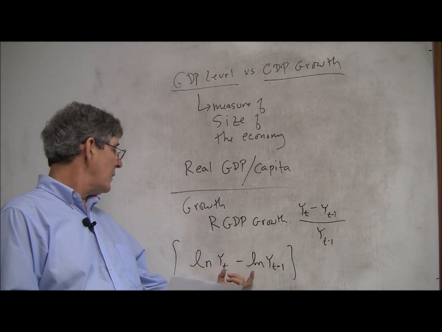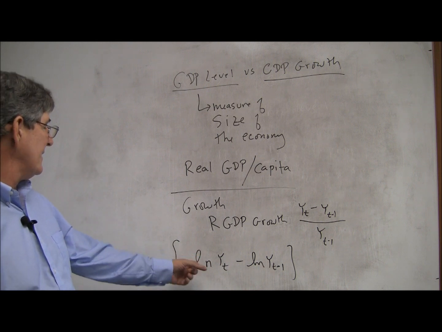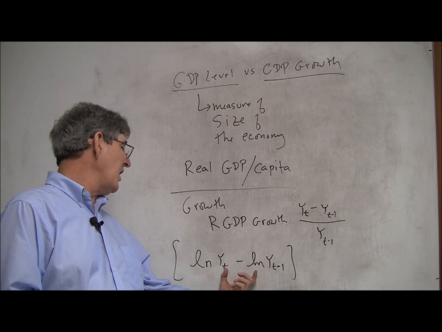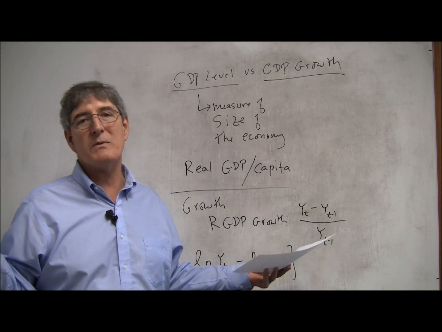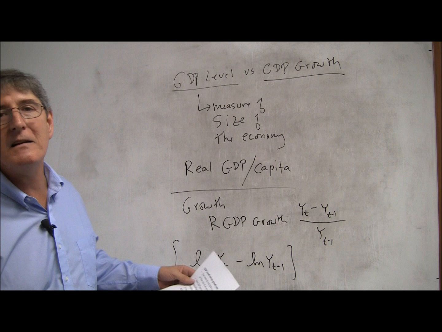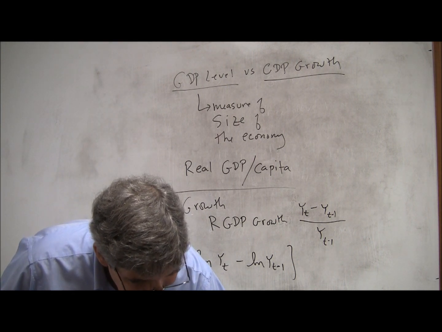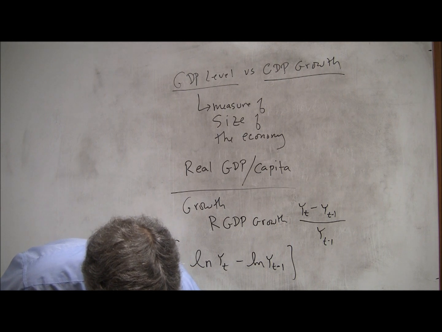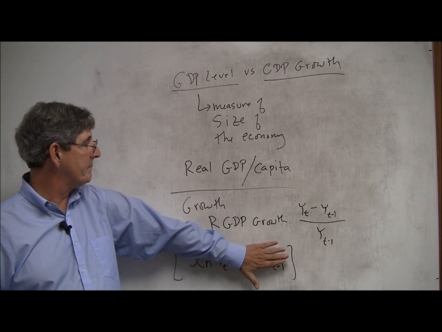This is a way that you can quickly get the growth rates. It works because d log y, this is an approximation of d log y, and d log y is the change in y over y, which is the percentage change. If you followed that, great. You've had enough calculus. If you didn't follow that, no problem at all. This is what you need to know here. That's how you measure the growth.